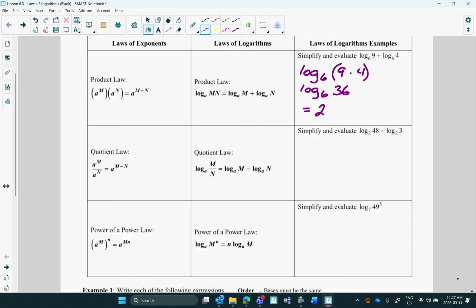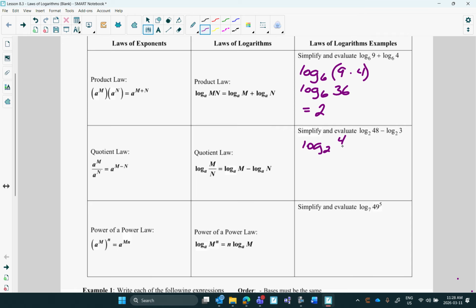When we take the log of 2 expressions being divided, that's the same as writing it out as the log of the first one, same base, minus the log of the second, same base. Or the other way around. If I'm subtracting 2 logs with the same base, I can write it as a single log by dividing the 2 arguments. So how could I write this as a single log?